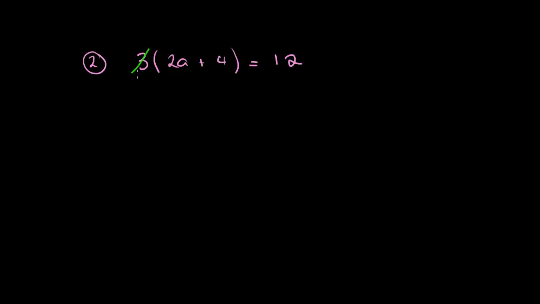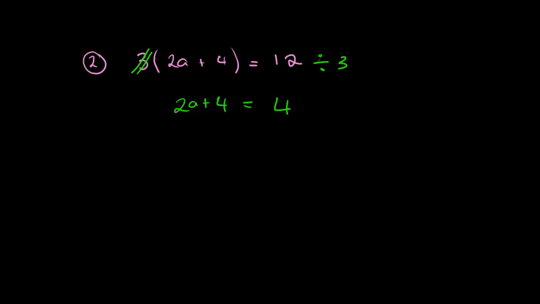Well, that 3 is furthest away from all these, because at least these two numbers, the 2 and the 4, are inside the bracket. So what's the opposite of times 3? It's going to be divide by 3. So we're left with 2a plus 4 equals, well, 12 divided by 3 equals 4. And look at that, I've got rid of the brackets, because there's no number outside anymore.